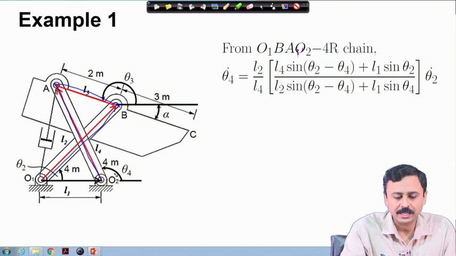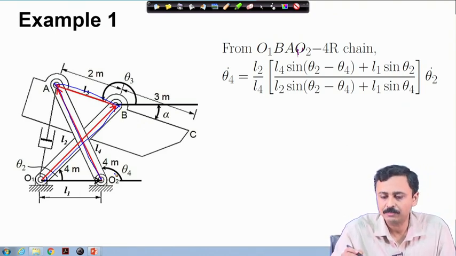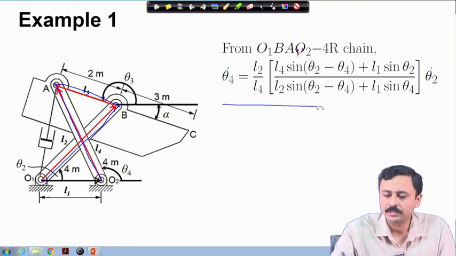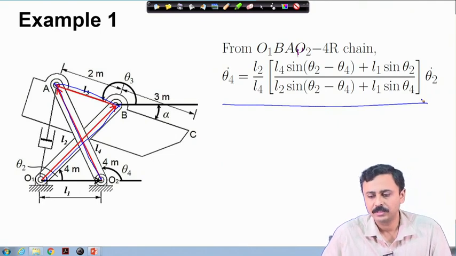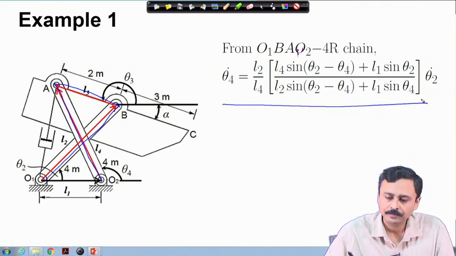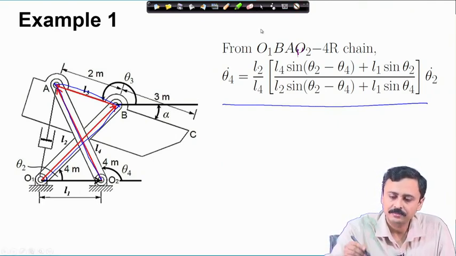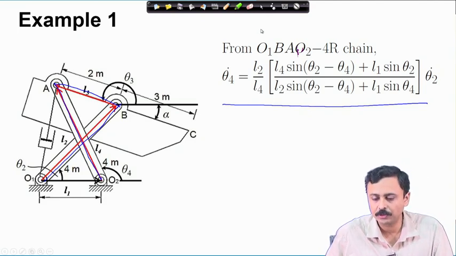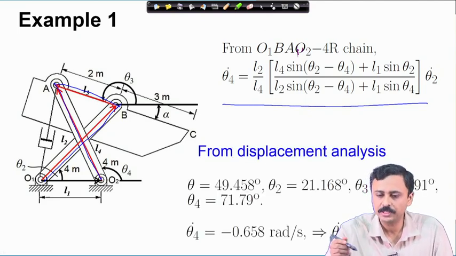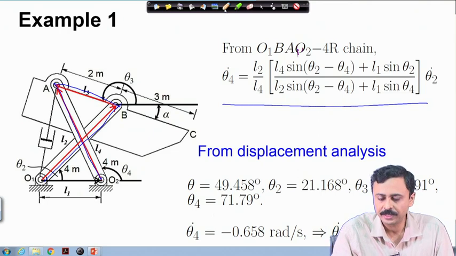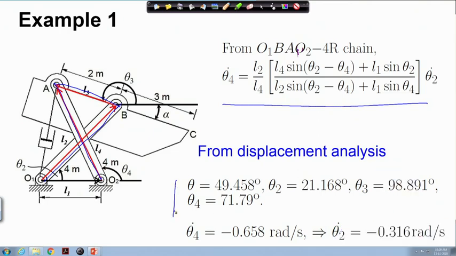This is the 4 bar chain whose analysis we have done previously, and we have found this relation between theta 2 dot and theta 4 dot. Now, since we know theta 4 dot, we can find out theta 2 dot, which has been determined here. So, from the displacement analysis we know these angles, from the previous velocity analysis we know theta 4 dot. Therefore, from the above expression we can now find out theta 2 dot.